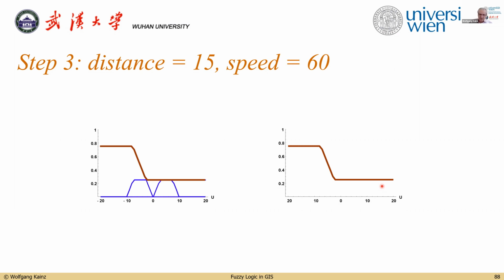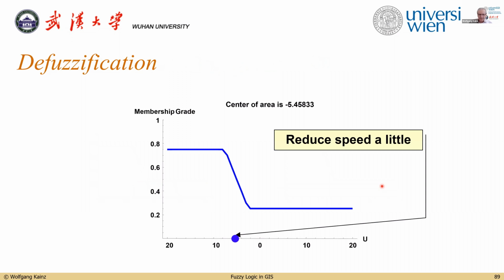And in our particular case, it would give us a point here with a value of minus 5.45, which would be here. So that is more or less the gravity point of our membership function, so the center of area approach. And minus 5.4 means reduce the speed a little bit or brake a little bit.